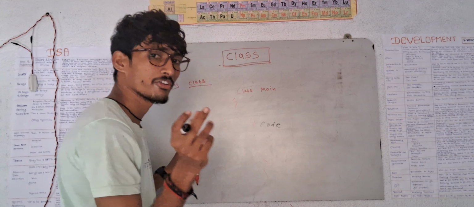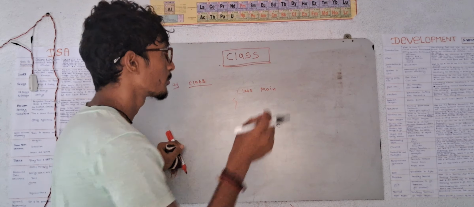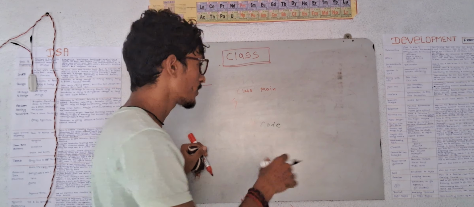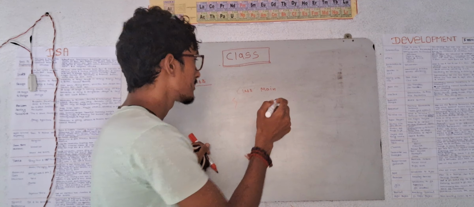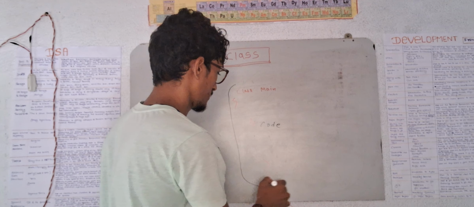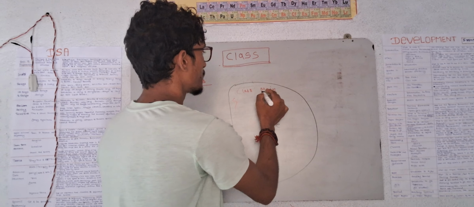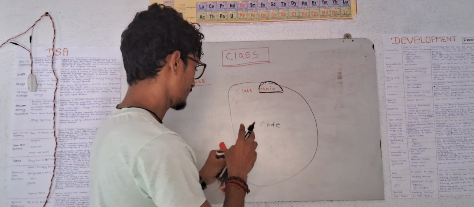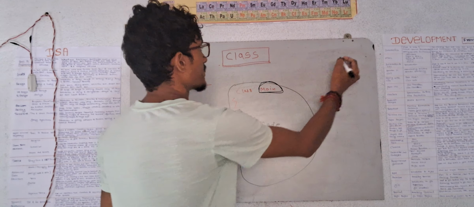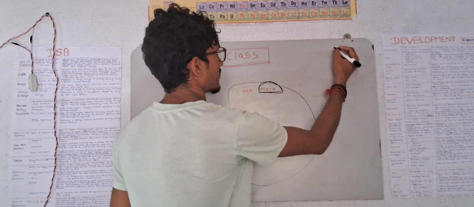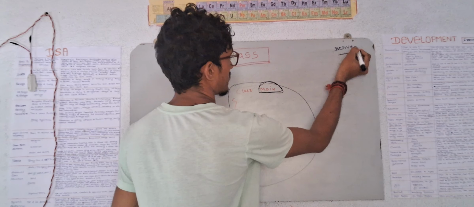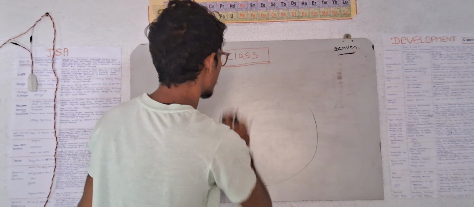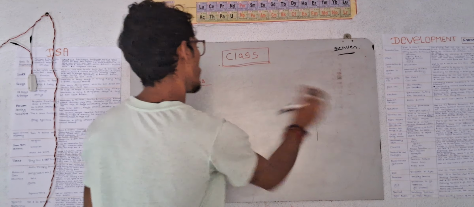So what will you do? We need a class file. We cannot put it to the server in this form. We need a class file for putting it into the server.